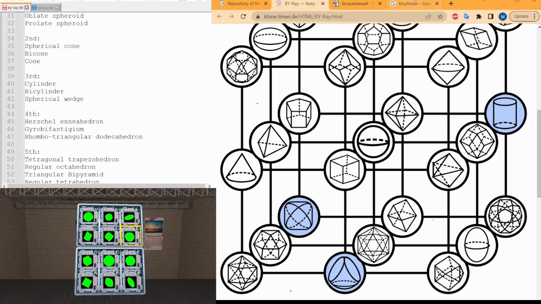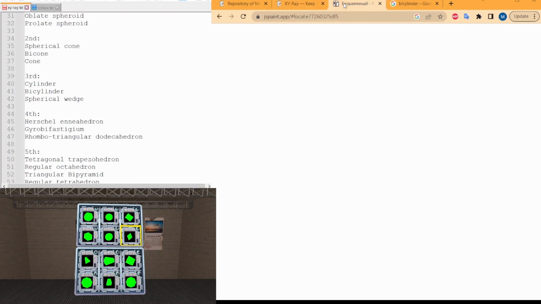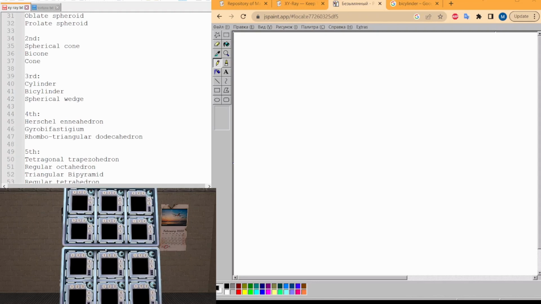So basically, if it was just a sphere and you cut off two pieces of it, they would end up being connected to each other, those resulting sections. Okay, so let's start with cylinder.